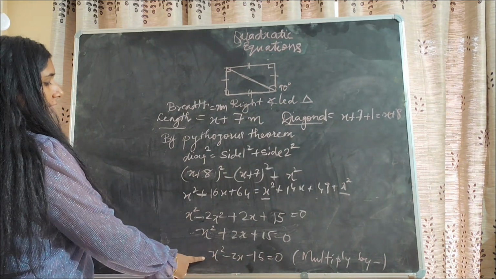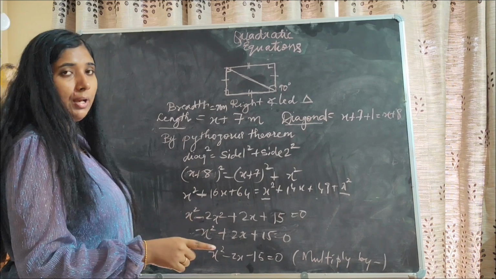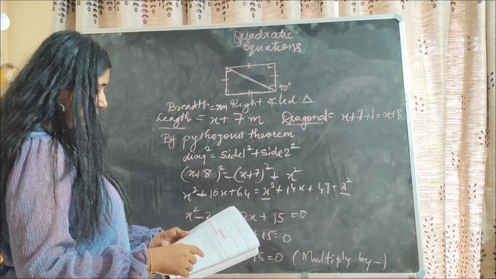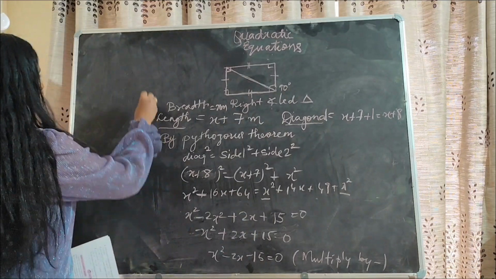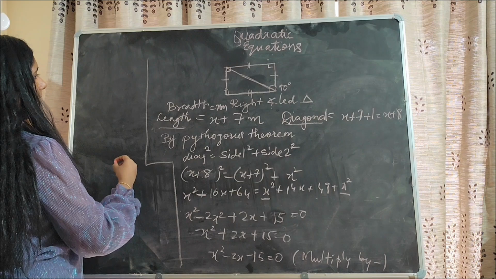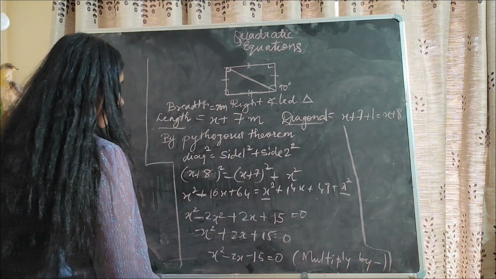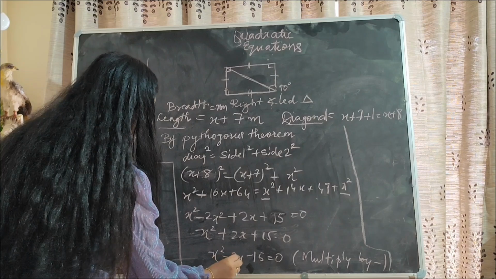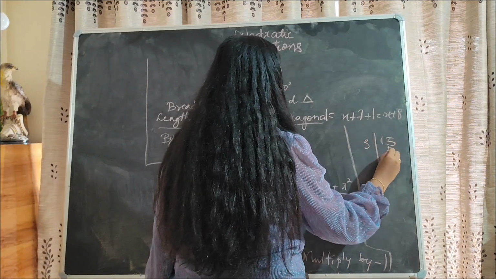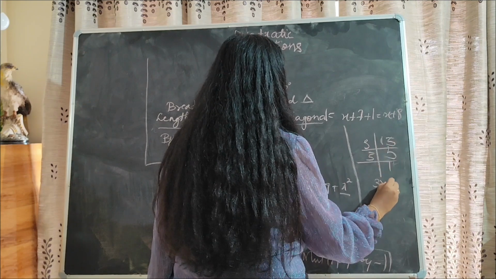Now you need to solve this equation by the methods which I have taught you: formula method, factorization method, or completing the square. Let's go for factorization method. For 15, we get 3 into 5.